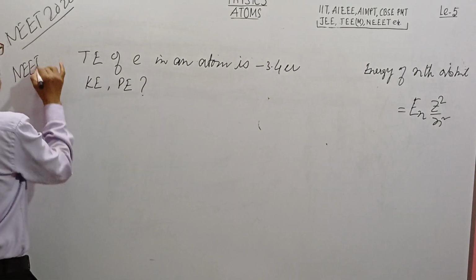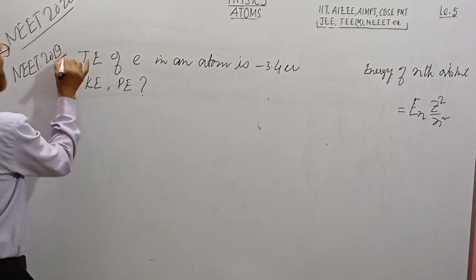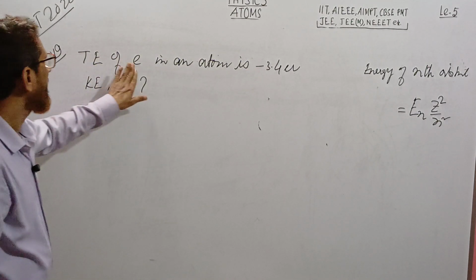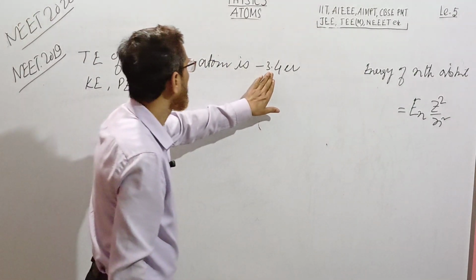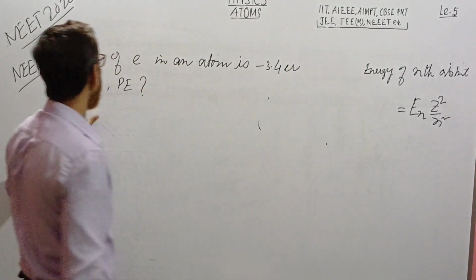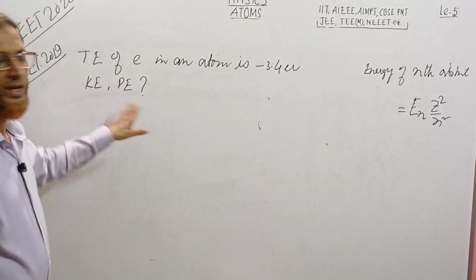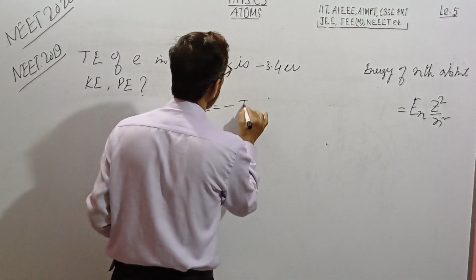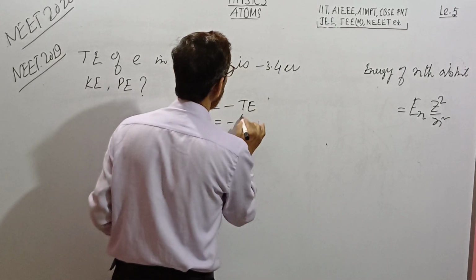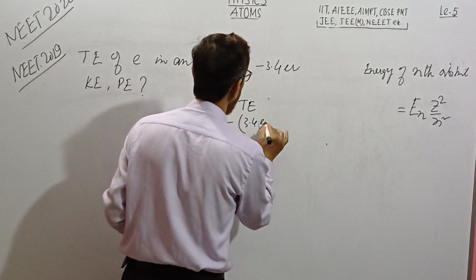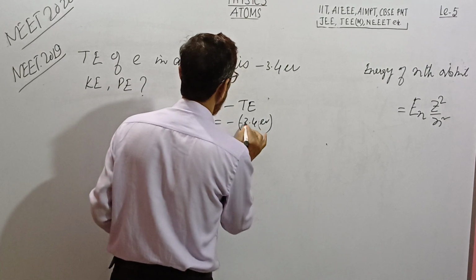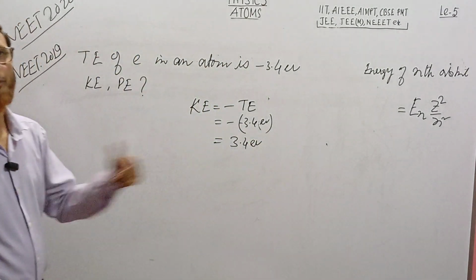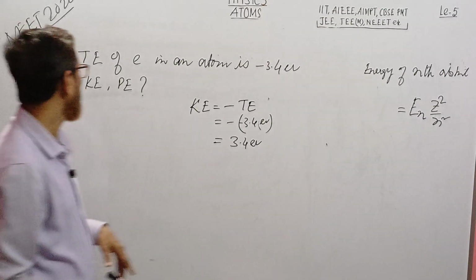Again was asked in NEET exam, the total energy of electron in an atom is minus 3.4 electron volt. What is kinetic energy and potential energy? Very simple, you know it. Kinetic energy is equal to minus total energy, that is equal to minus of minus 3.4 electron volt, equal to plus 3.4 electron volt. So kinetic energy is over. No need to calculate. Nothing is tough.